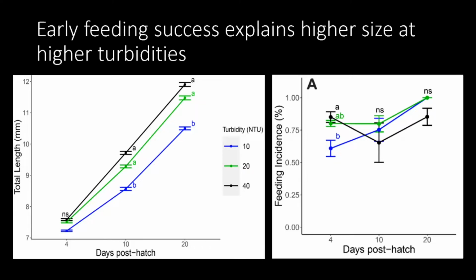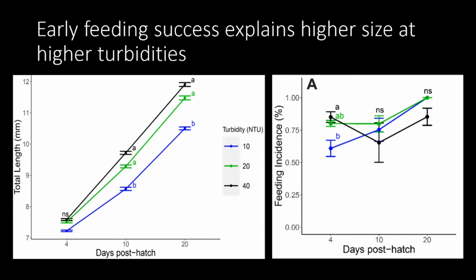And what seems to be the explanation for this reduced length is just lower feeding performance. So here on the right, we have feeding incidence in percentage. So the percent of larvae that were actually successfully feeding at the 3 different ages. And only on 40 DPH do we see an actual difference where the 10 NTU group had a lower feeding performance.